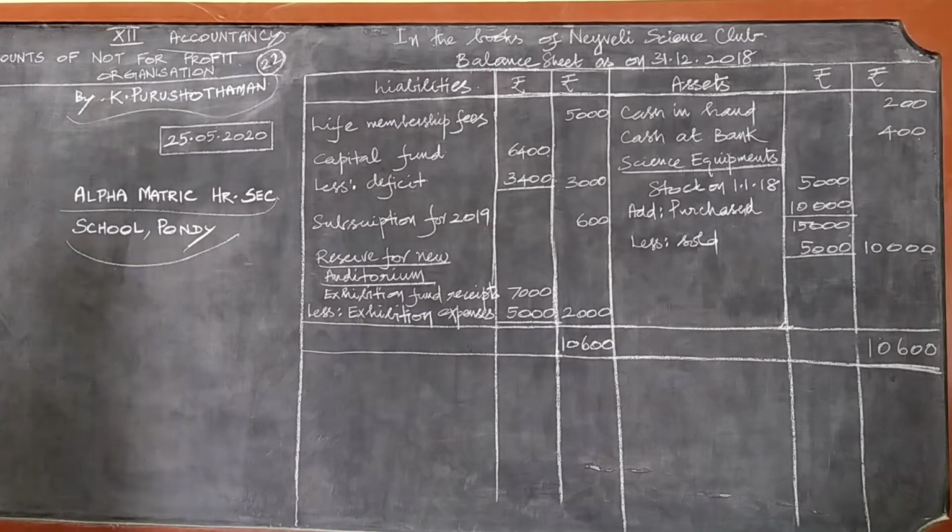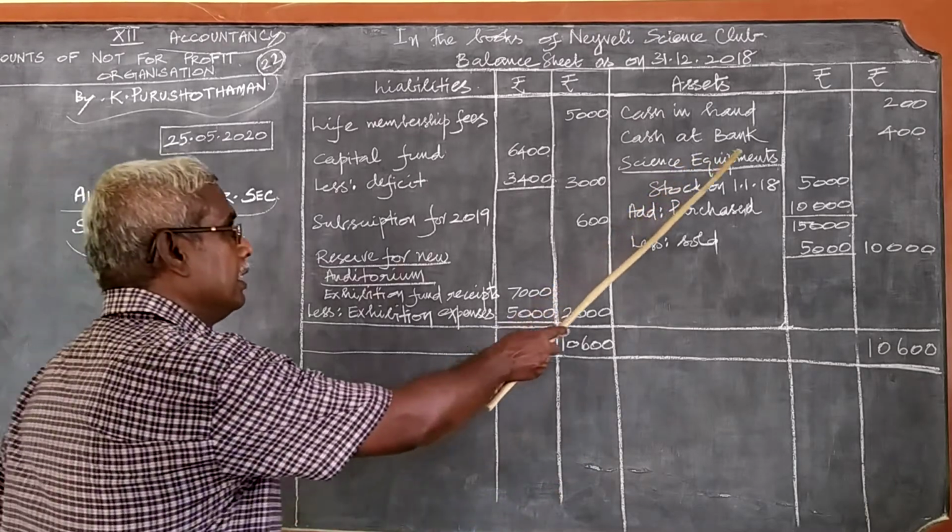Science equipment is a capital item, no doubt. And regarding the science equipment, what are the data given there? Under additional information, point number 3, science equipment as on 1/1/2018, 5,000.